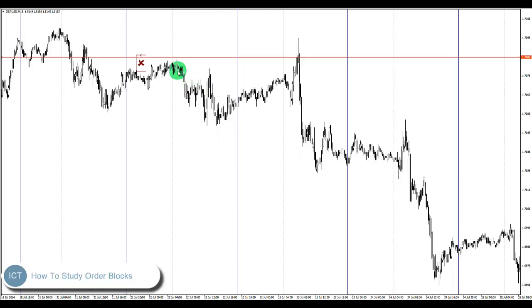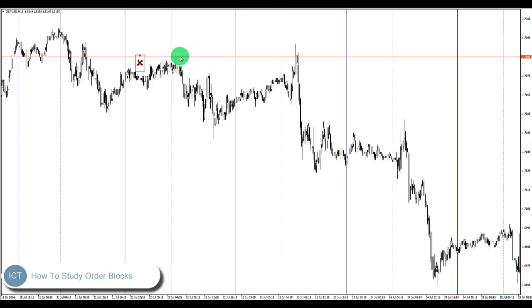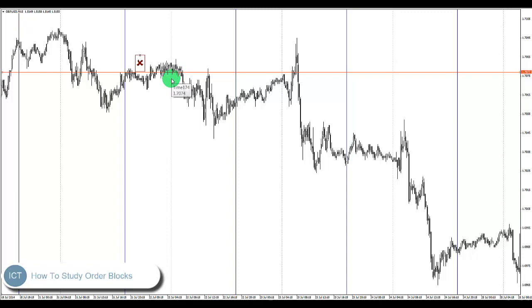And then we have bullish order block right here, intraday, right there. We are now inside of the New York kill zone.